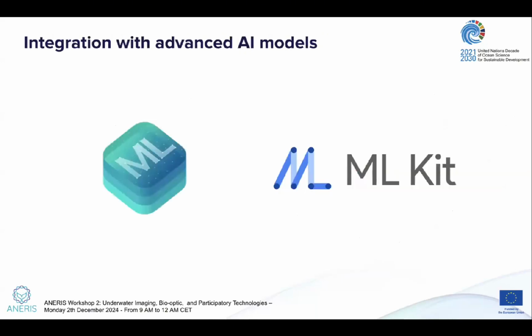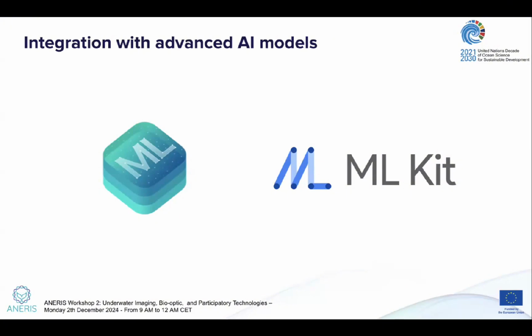Another thing that I mentioned, that maybe we did not have a deep understanding of within the ANERIS project, is that with Flutter and with the implementation that we've done, you can integrate advanced machine learning algorithms and not defer those machine learning processes to the cloud or to a further project. So you can start transforming images, more about image processing, right away on the device.